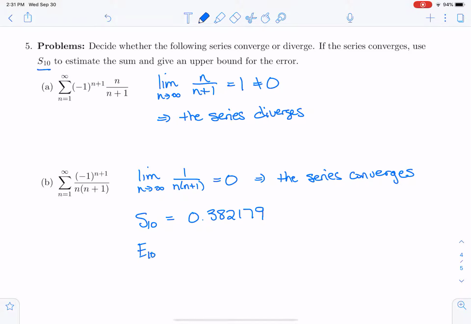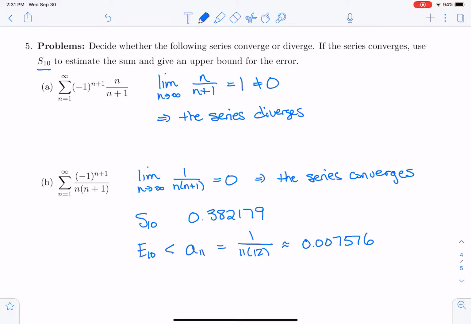So what is the error for the 10th partial sum? Well, that error we know is less than the 11th term in the sum. And the 11th term in the sum is going to be 1 over 11 times 12. If we estimate that, that's going to be 0.007576.